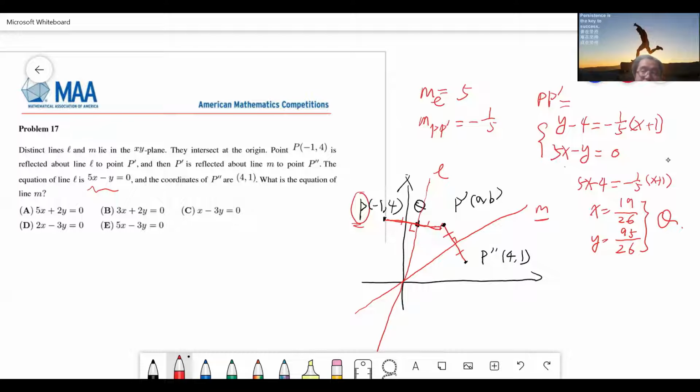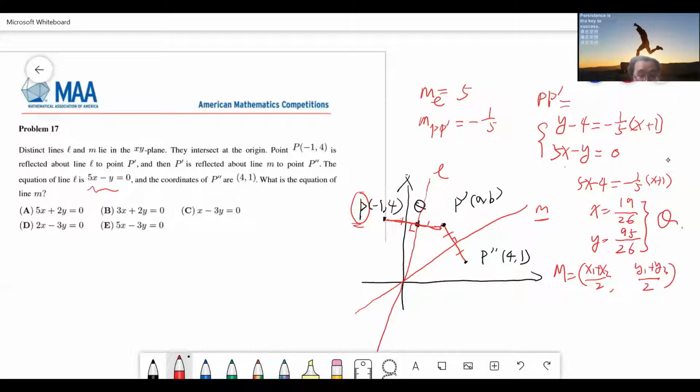And because this reflection has equal distance, that means Q is the midpoint of P and P prime. We can use the midpoint formula, right? Midpoint M equals x1 plus x2 divided by 2, y1 plus y2 divided by 2, right?